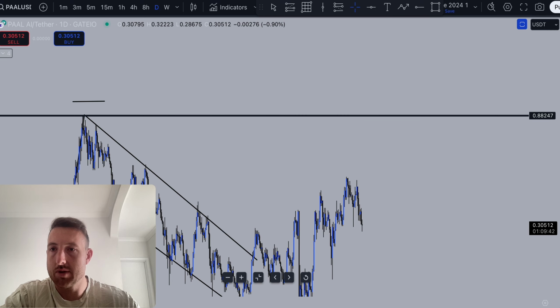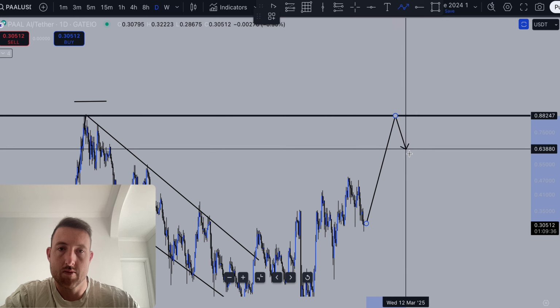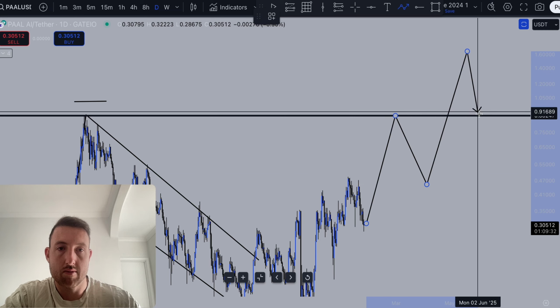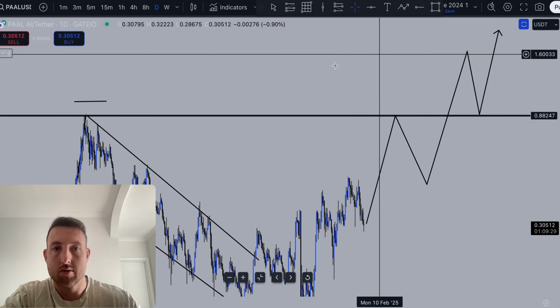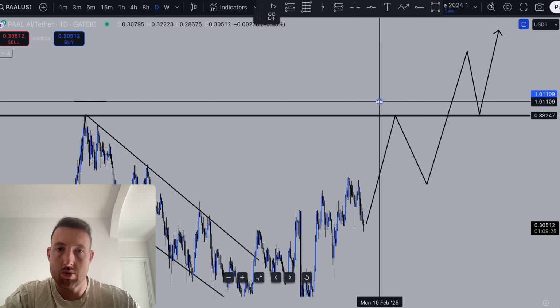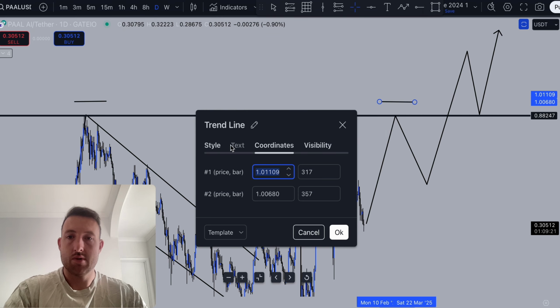So if we came up to here, maybe then we'd come down a bit. So that would have a double top there, which always means that there's liquidity above that level.